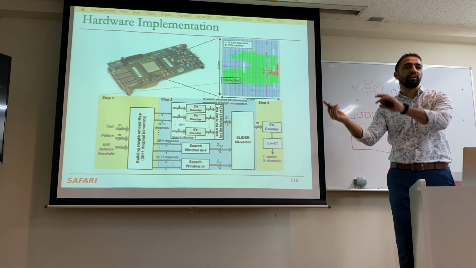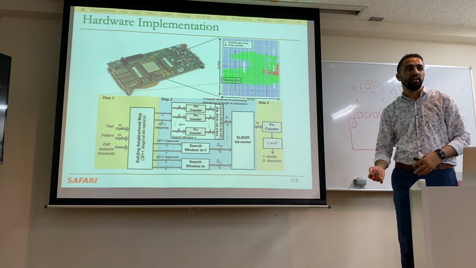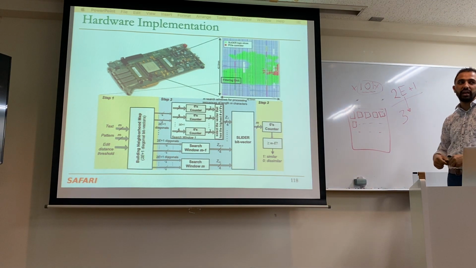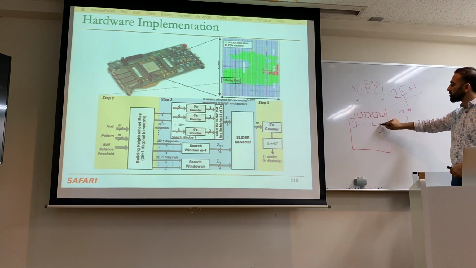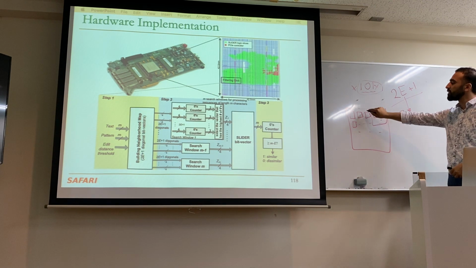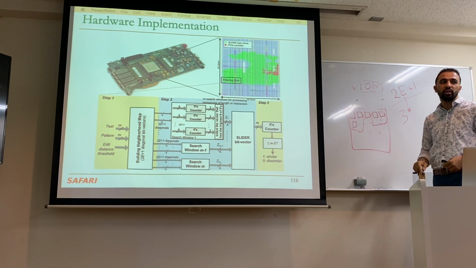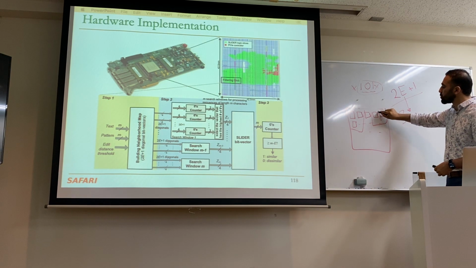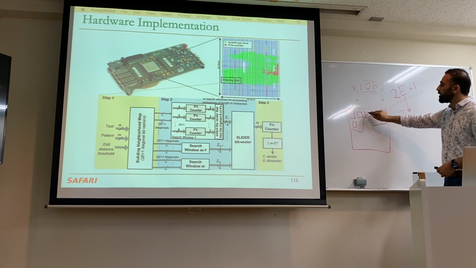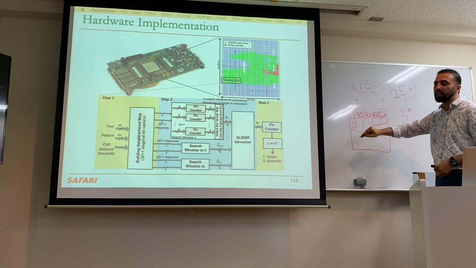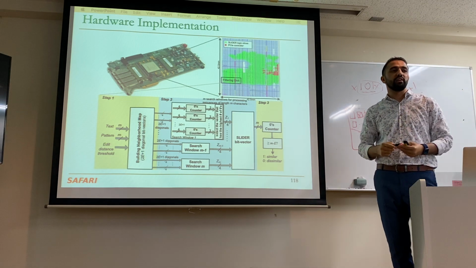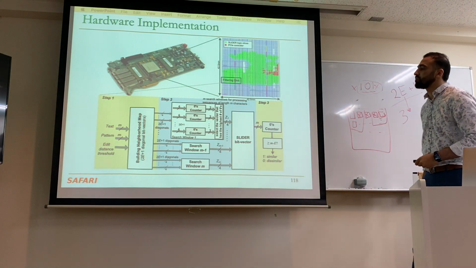You just send the code and let the processor process it. That's why it's more general purpose. But for this one, you can specialize it by telling this portion of the FPGA to do this operation, here do another operation, and so on. So implemented in FPGA, we have a search window here, a search window there, another one here, another one here. All of them work in parallel, and you can process the entire string in a very fast way.